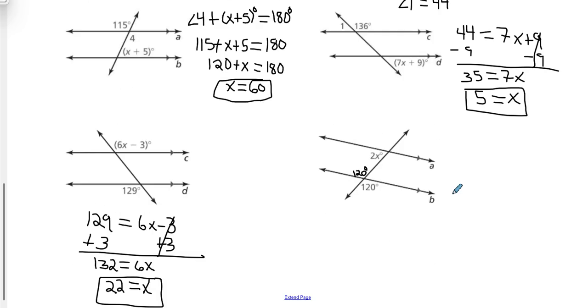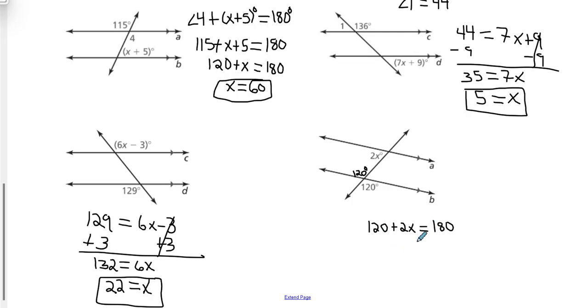So 120 plus 2x has to be equal to 180. Okay. Now from there, once again, we're going to just use our inverse operations, our properties of equality, to isolate the variable.